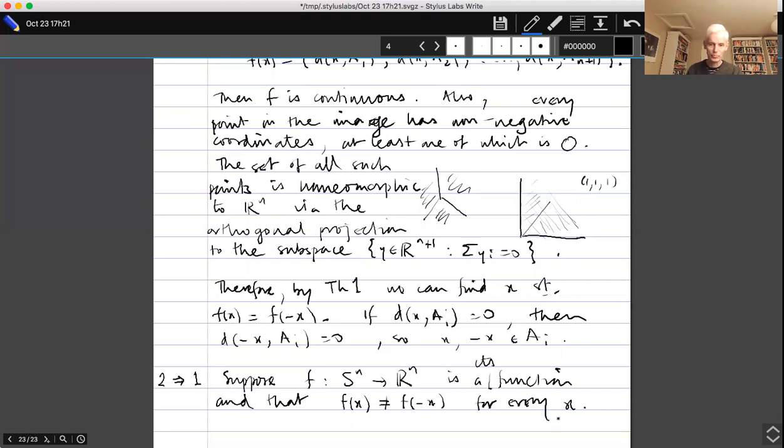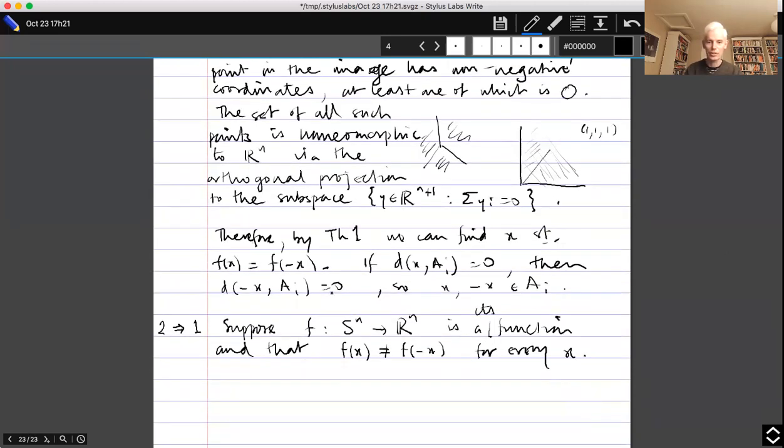Just to make clear how the quantification works, for every x it is the case that f(x) does not equal f(-x).